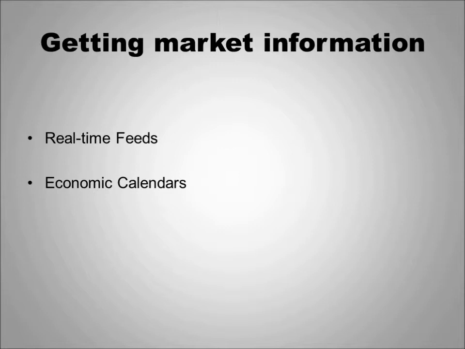It even tells you the dates on which you'll receive it and experts predicting whether or not the number of Tokyo machine orders will go up or down. So you should have that on your trading platform, but if you don't, there are many places where you can get that information. So that's an example of real-time feeds.